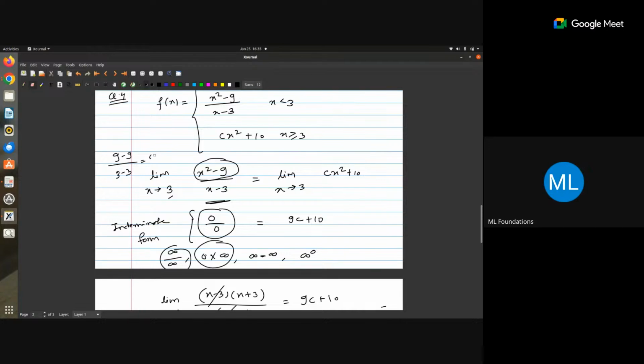When we have this kind of 0 by 0 form, only then can we do that. On the right hand side, I just have to plug in, so it is 9c plus 10. So some values there, we know that. We don't have to do it on the right hand side.